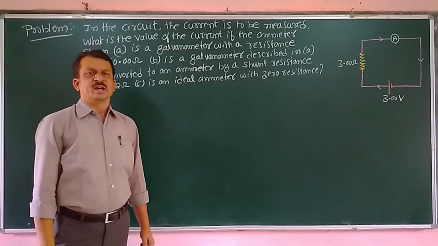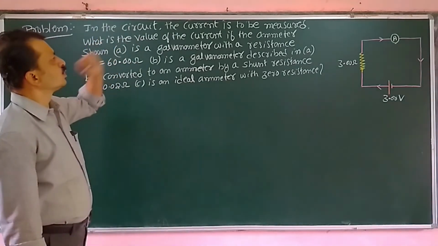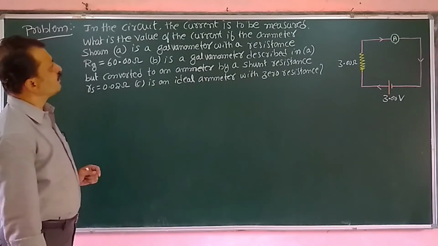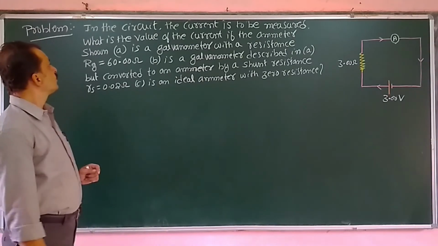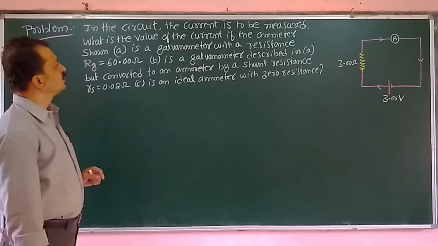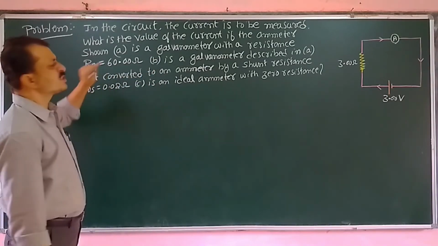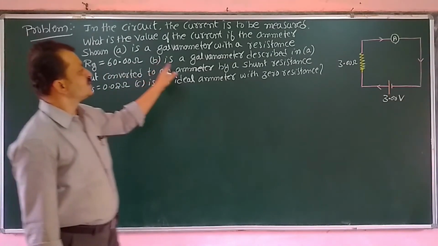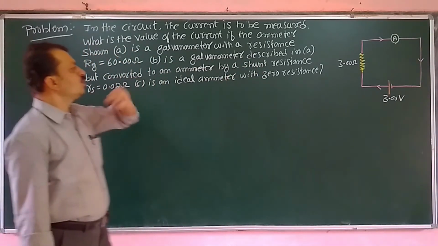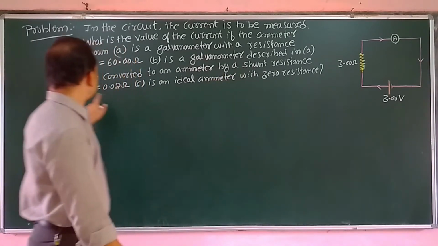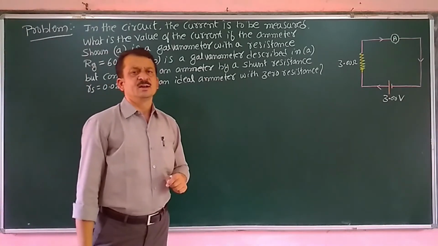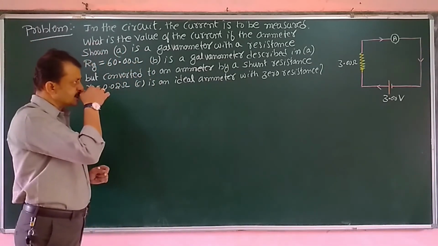Now we will solve one problem here. In the circuit, the current is to be measured. What is the value of the current if the ammeter shown is, in the first case, a galvanometer with a resistance of 60 ohm; B, the galvanometer described in A but converted into an ammeter by a shunt resistance of 0.02 ohms; and C, an ideal ammeter with 0 resistance.